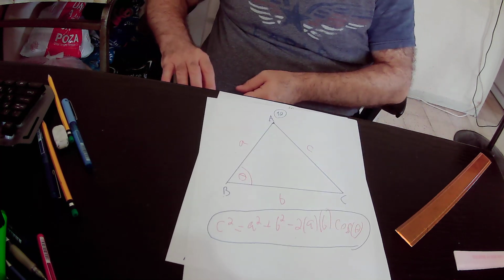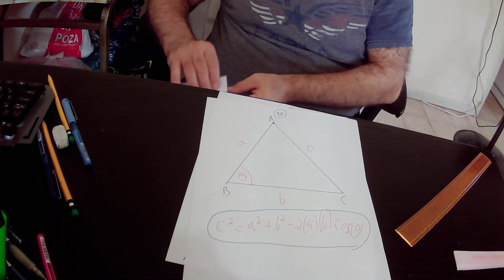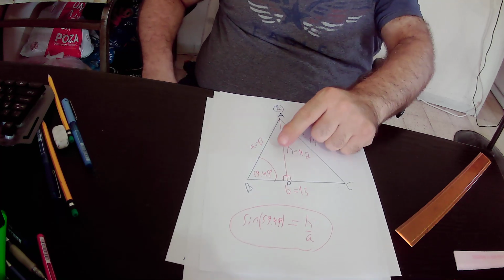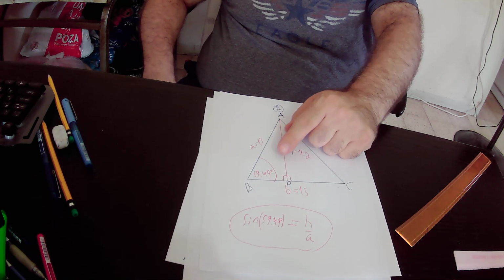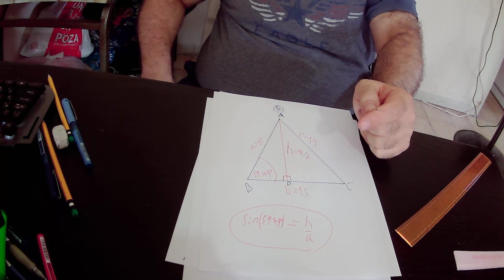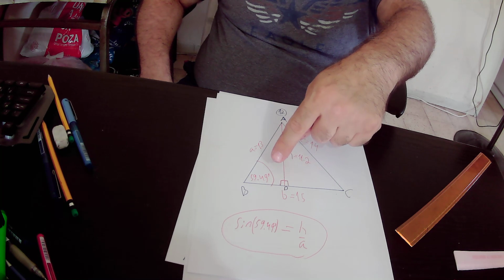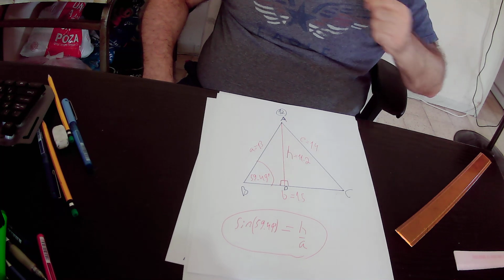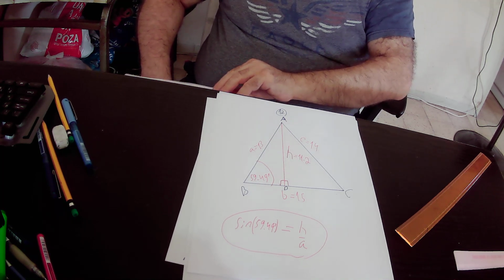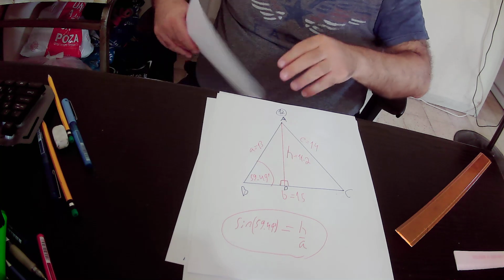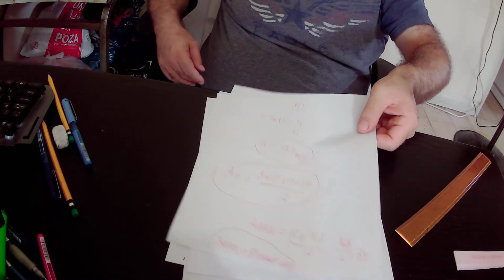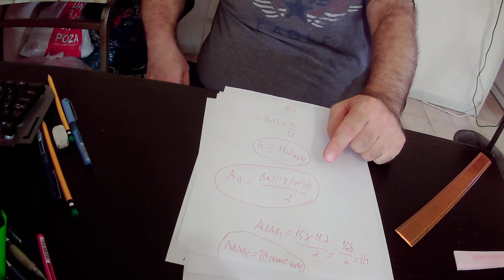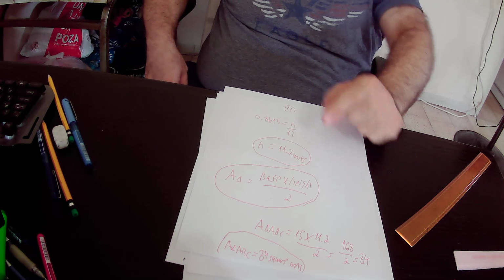Then I drew triangle ABC again. We know that theta equals 59.49 degrees, and so sine of 59.49 degrees equals H over A. And we found from this simple equality that H equals 11.2 units, and the area of any triangle equals the base of the triangle times the height to the base over 2.